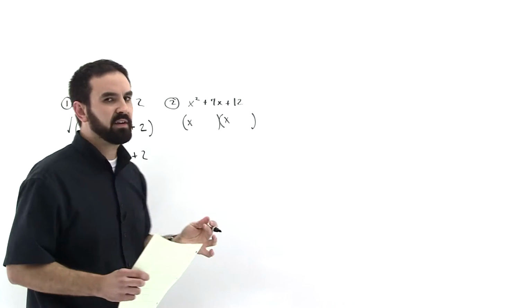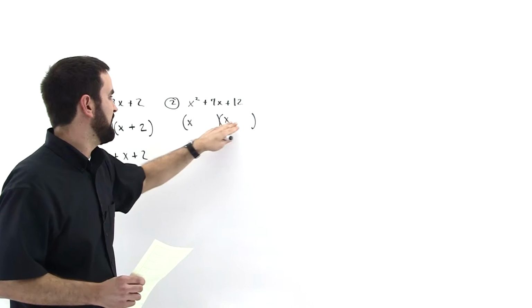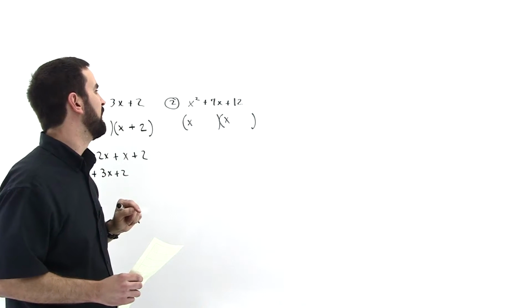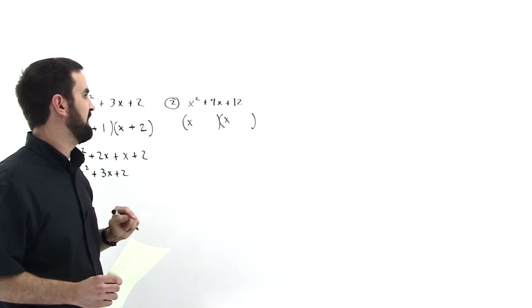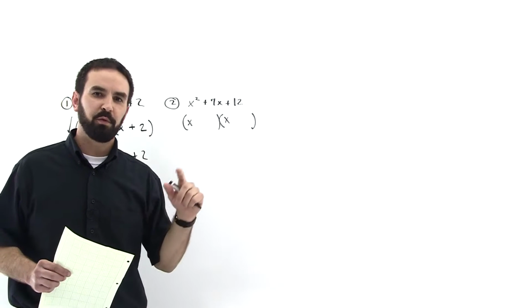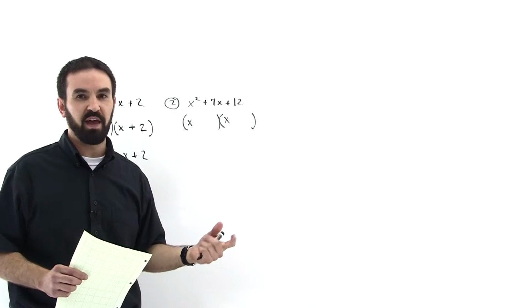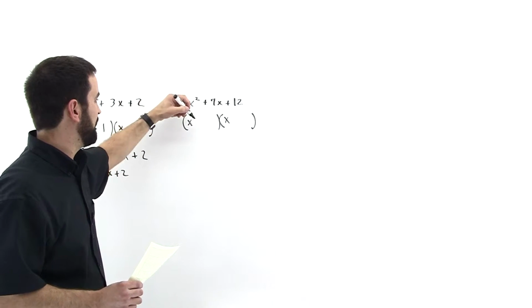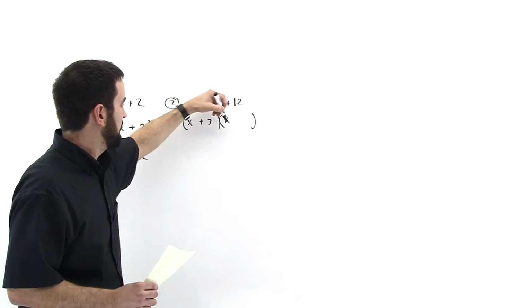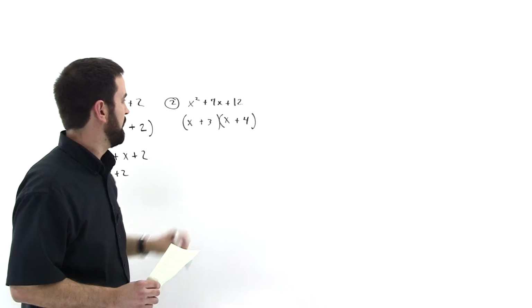And then we want the product of this number and this number to equal positive 12, but then the sum of them to equal positive 7, right? So 3 times 4 is equal to 12, and 3 plus 4 is equal to 7. So it's going to be positive 3 and positive 4, right?